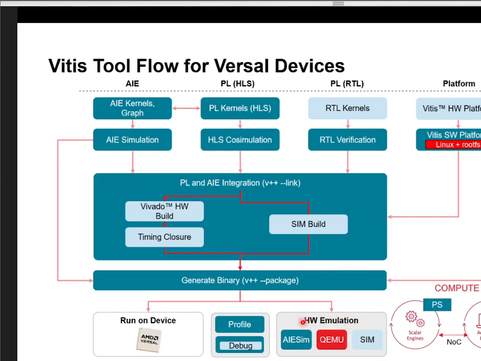For each section of hardware, we have the AI simulation, so we can simulate our AI parts. We can emulate our software, which is on QEMU, and we can also simulate our code by using the design simulation tool for the RTL.